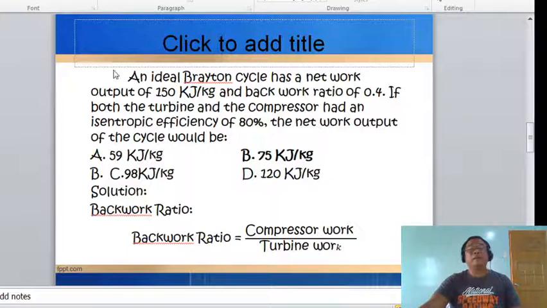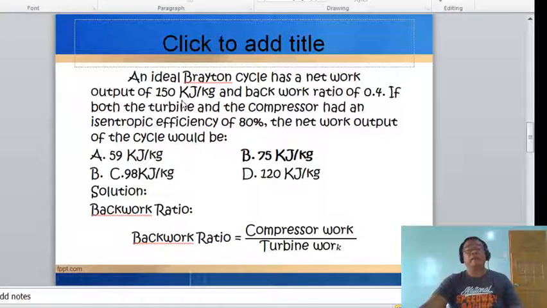Take note of the term, class. If both the turbine and the compressor had an isentropic efficiency of 80%, take note, so we also have isentropic efficiency. This is how the isentropic efficiency is applied to the compressor and to a turbine or gas turbine.